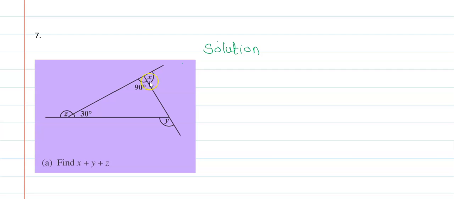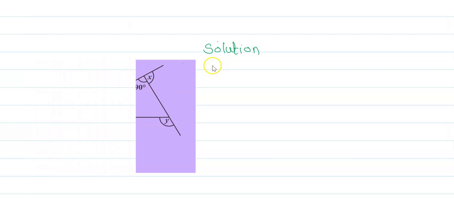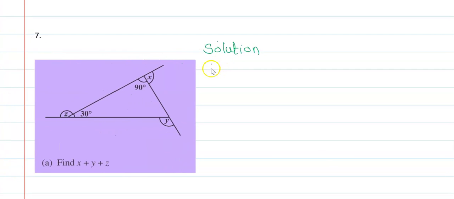See this here, these triangles are linear pair. Therefore from figure here, x plus 90 degree, and that's equals to 180 degree. Right here, number 1. What is here? Linear pair. Okay, this is the first one.